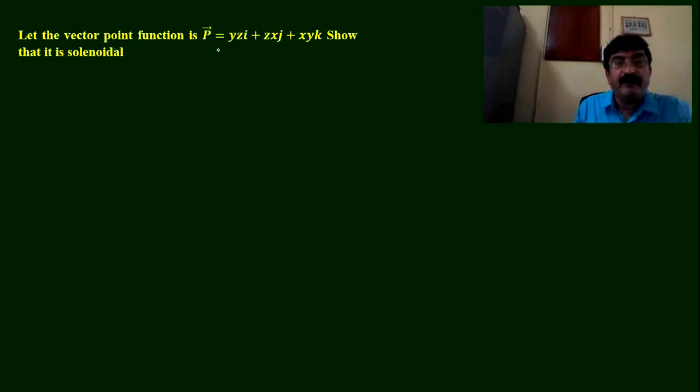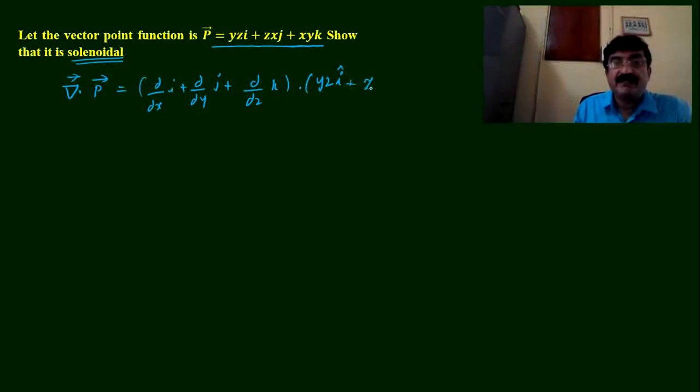Let the vector point function be yz i, zx j, xy k. Show that it is solenoidal. Once again the same question. That means del dot P should be equal to 0. Let me see. Dou by dou x of i plus dou by dou y of j plus dou by dou z of k dot yz i cap, zx j cap, just to distinguish between the two, and xy k cap.